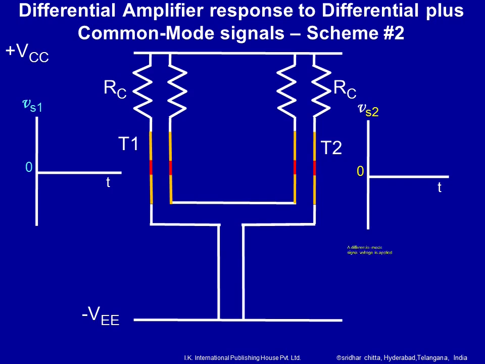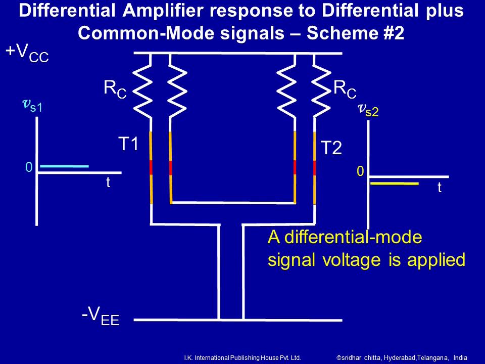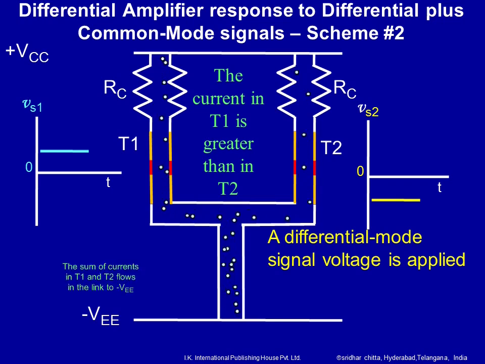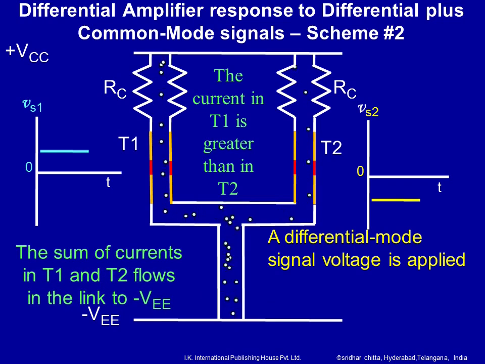A differential mode signal voltage is applied. The current in transistor T1 is greater than in transistor T2. The sum of currents in T1 and T2 flows in the link to minus VEE.